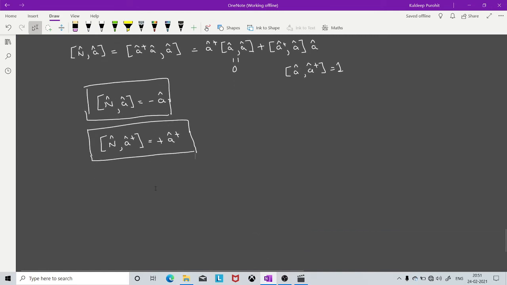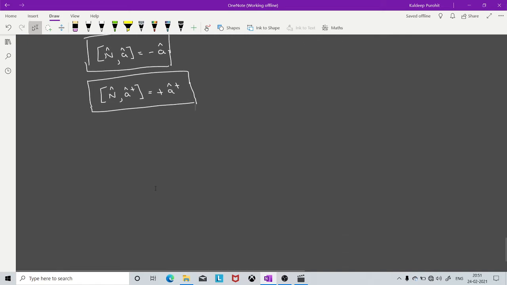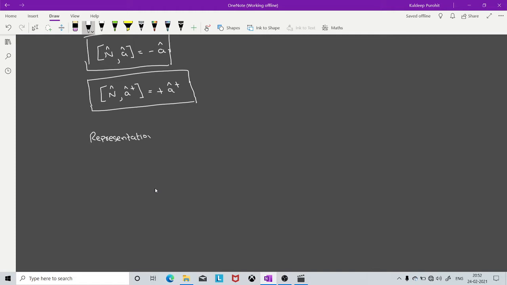And now, how to represent a wave function. So now I will discuss the representation of a state. I am talking in the context of only this system, which is a quantum harmonic oscillator.